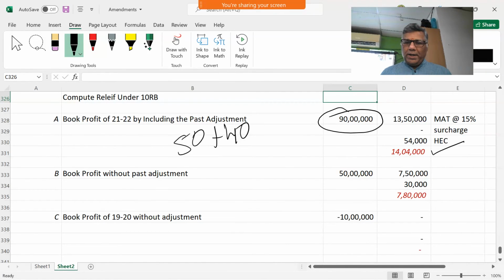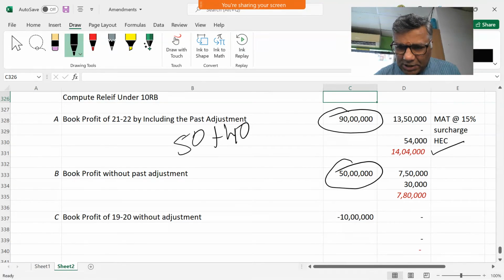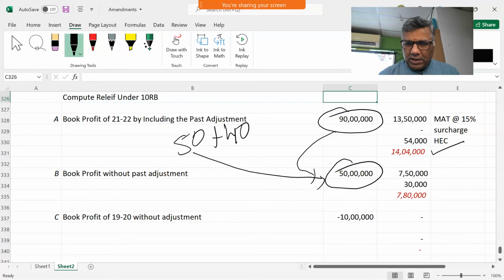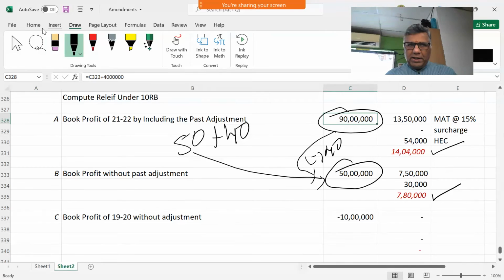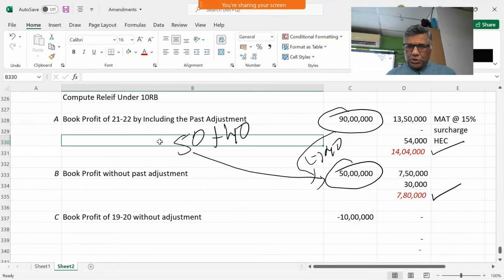Now I am working out without that adjustment. Taking only that, minus 40, I am getting 15% MAT, add surcharge. So I am getting 7 lakh 80,000.